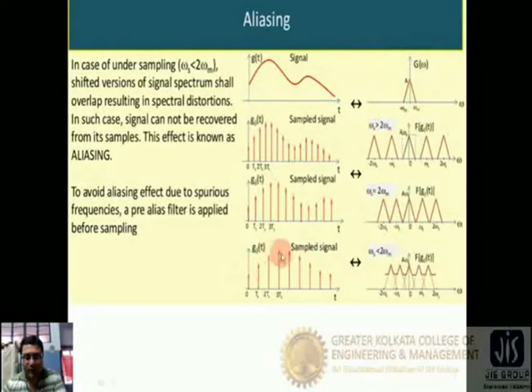So sampling plays an important role to avoid distortion in the input signal, or to represent the input signal in a proper way like this.